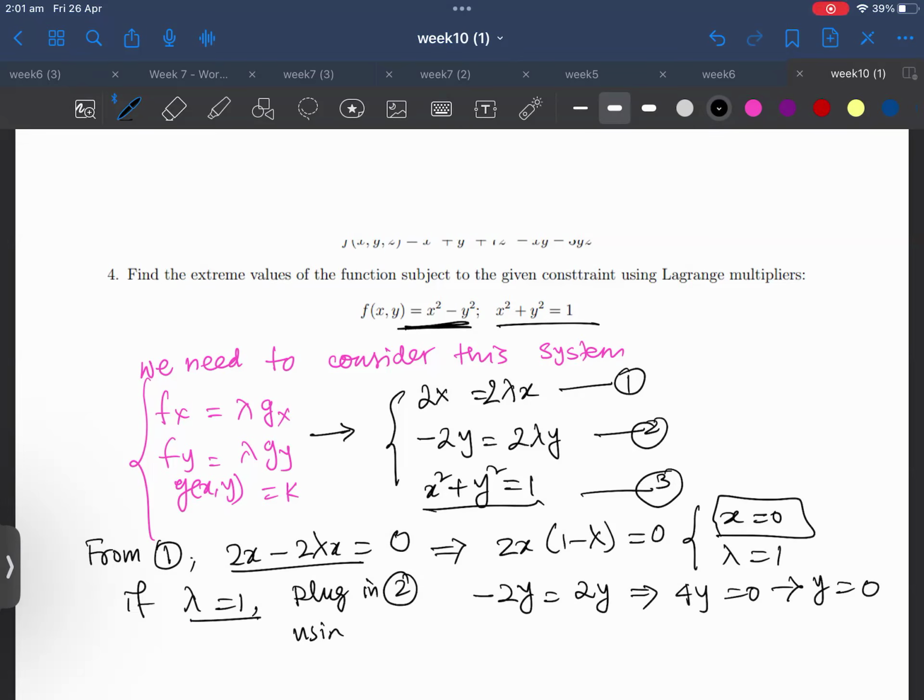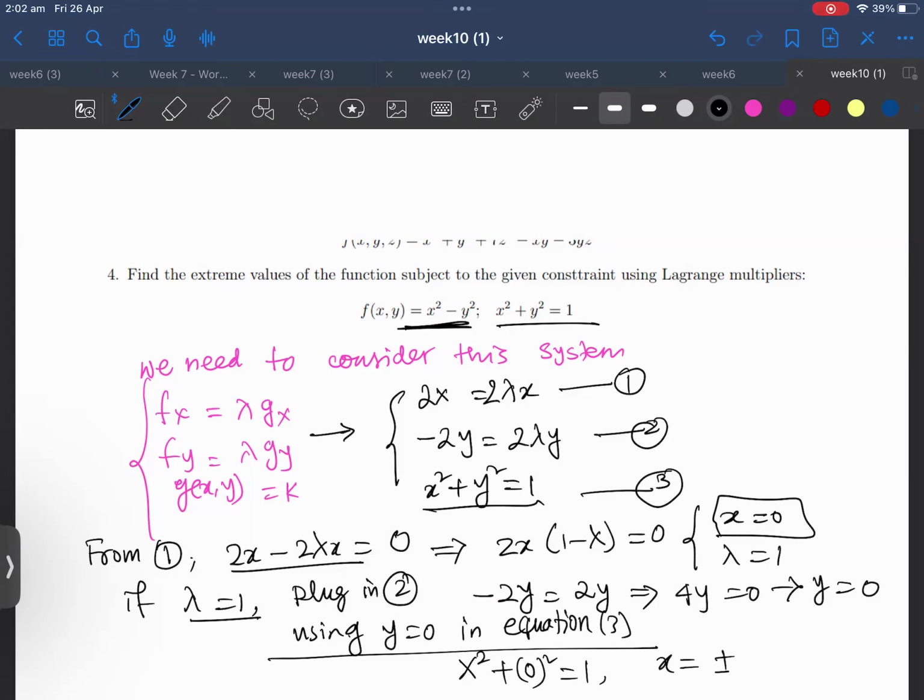So what will happen if you use y equal to 0 in equation 3? So x squared plus 0 squared equal to 1. So x equals plus or minus the square root of 1, so plus or minus 1.